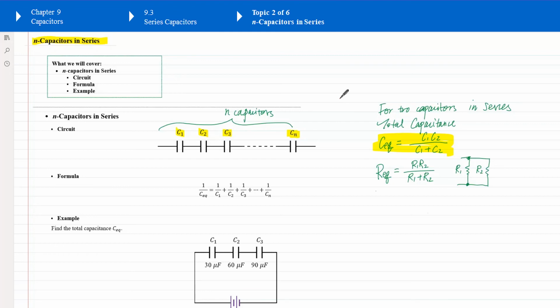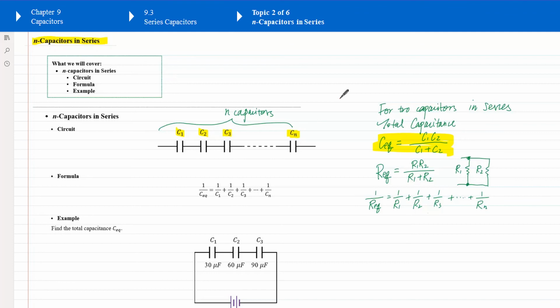The general formula for n resistors in parallel is 1 over Req equals 1 over R1 plus 1 over R2 plus, and then 1 over Rn. The general formula for n capacitors in series is the same format.